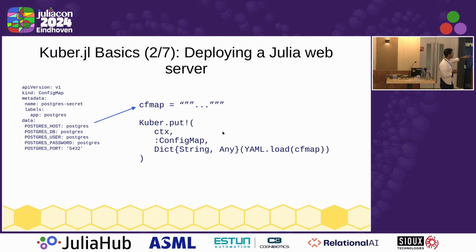And a config map is an entity in Kubernetes. So using Kuber.jl, I can submit a config map using the put bang command. I have to pass the symbol config map as a second argument there. And in this case, I'm using YAML. So I'm using the YAML package, but what it requires is a dictionary ultimately. So you could just use a dictionary.